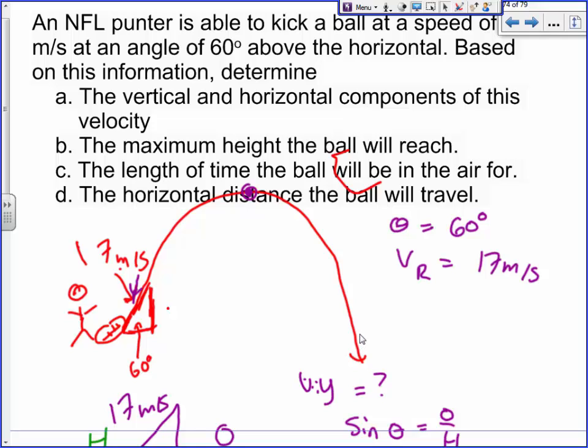How far will the ball have traveled in the y direction? 0. Because it started on the ground. I know it went all the way up and all the way back down, but from start to finish, the displacement, I guess is the word I'm looking for, is really 0. So that's a neat trick we can play on the next one here. The ball will be in the air, but in the y direction, the ball really will have traveled no distance. That may sound strange, but let's go with it.